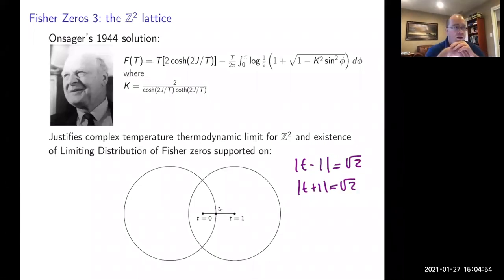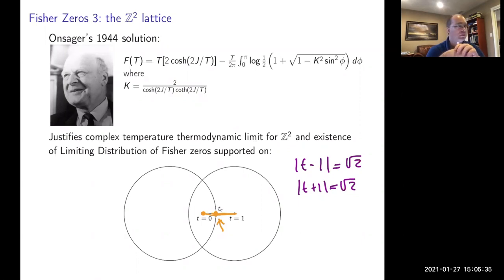This is a cool thing, because as you're varying your temperature from 0 to 1, the fact that there are just these 2 circles tells you exactly that there's a single point where the free energy can be non-analytic. In Onsager's solution, you can see exactly how it fails to be analytic at this T_c. So you can compute basically everything about this phase transition at T_c from Onsager's solution.